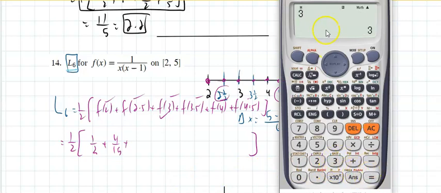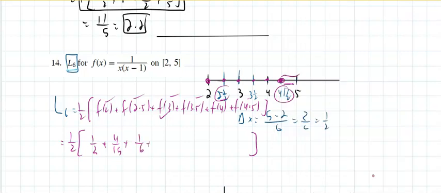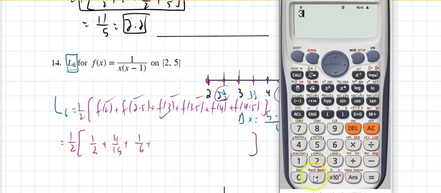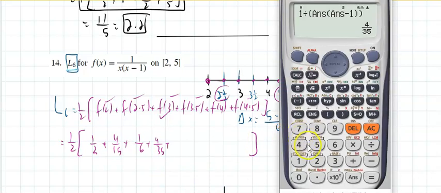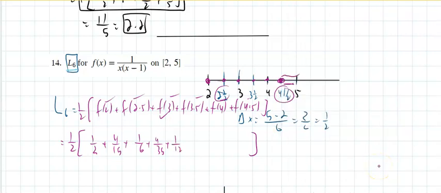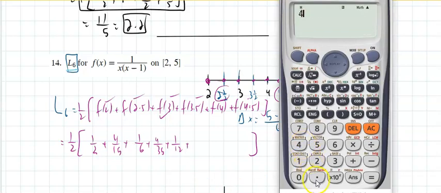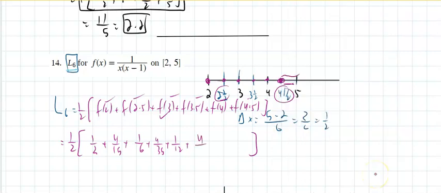If we take 3, recall the function again, that is 1/6. If we get 3.5, recall the function, we're talking about 4 over 35. And if we get a 4, 1/12, and if we get 4.5, we get 4 over 63.